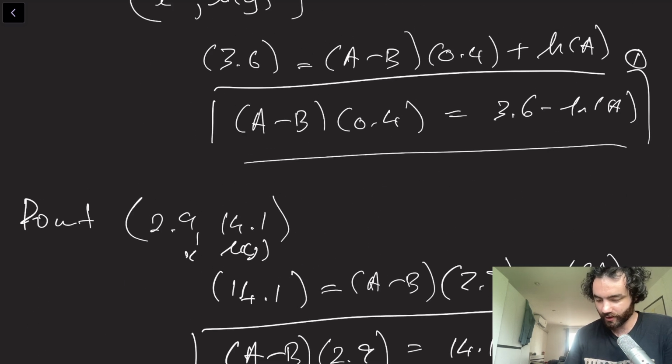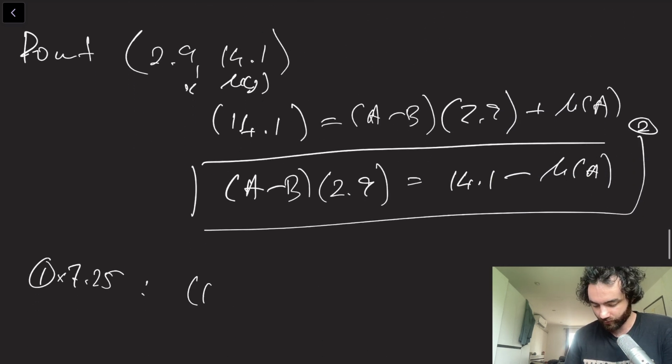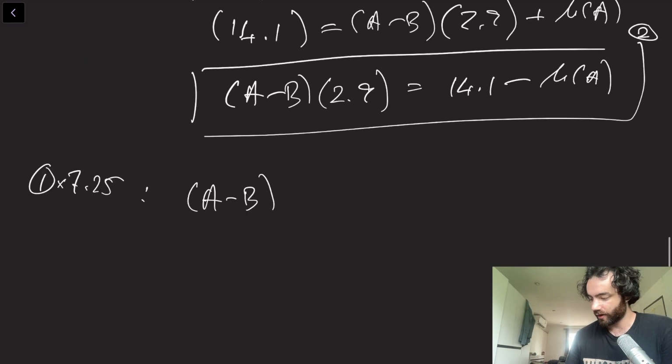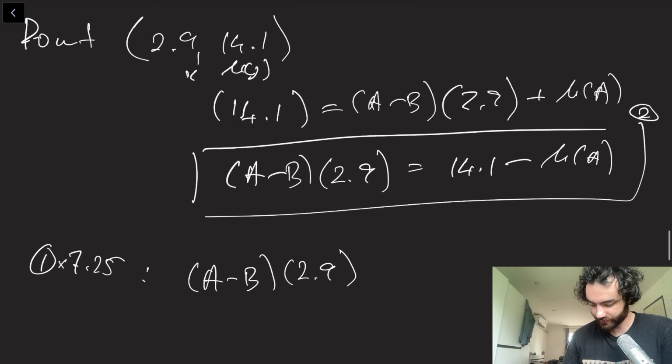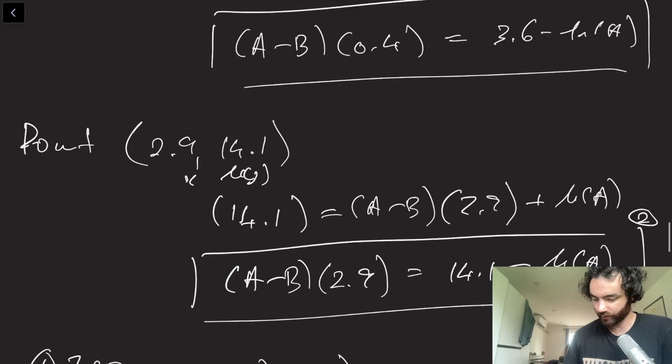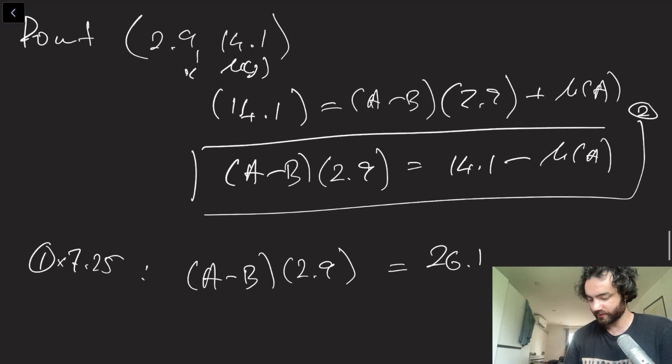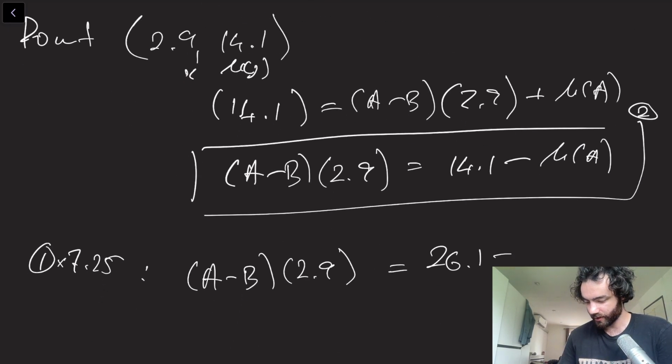So this equation times 7.25 will give you a minus b of 0.4 times 7.25, which is 2.9, equals 3.6 times 7.25, which is 26.1, and ln of a times 7.25 would just be minus 7.25 ln of a.